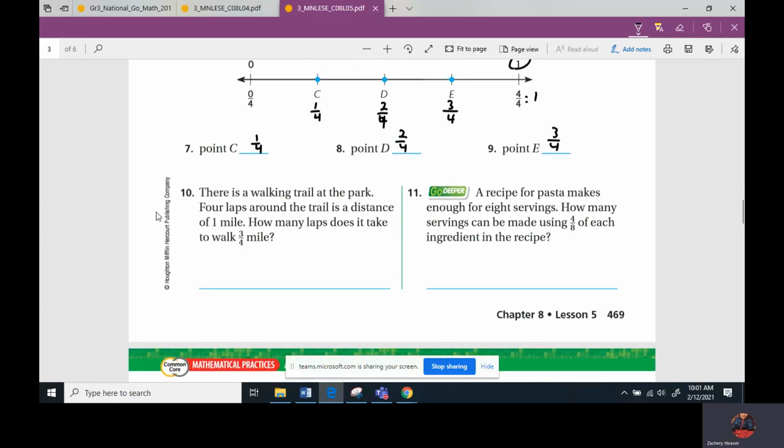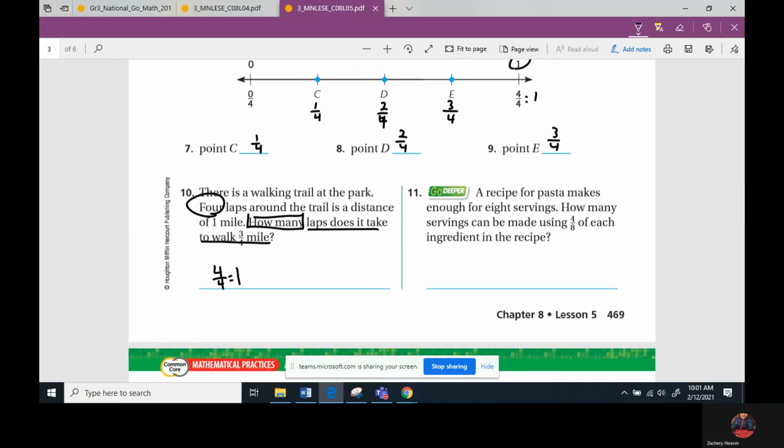Next one. There is a walking trail at the park. 4 laps around the trail is the distance of 1 mile. How many laps does it take to walk 3/4 of a mile? So 4 laps is 1 mile. So we know 4 out of 4 is going to equal 1.